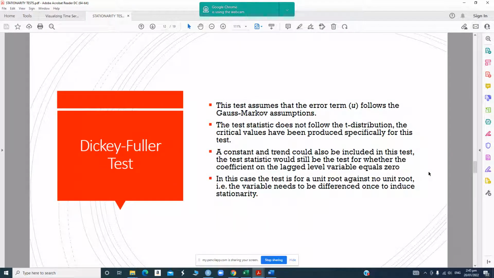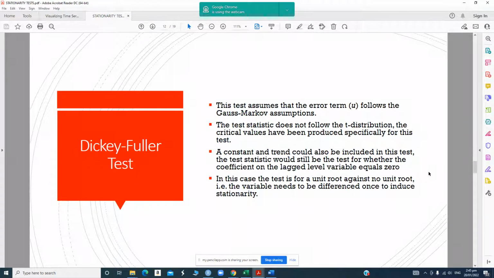The test assumes that the error term follows Gauss-Markov assumptions. The test statistic does not follow the t distribution, so the critical values have been produced specifically for the test. A constant and trend could also be included in the test.